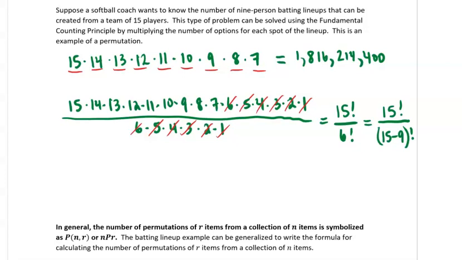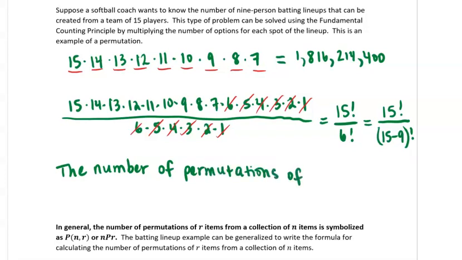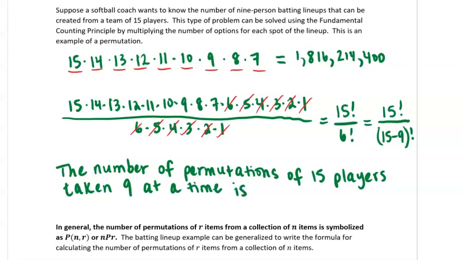And before we go through the formula, I just want to talk about some notation. The number of permutations of 15 players taken 9 at a time is represented by, or is given by, P and then in parentheses 15 comma 9, or 15P9.